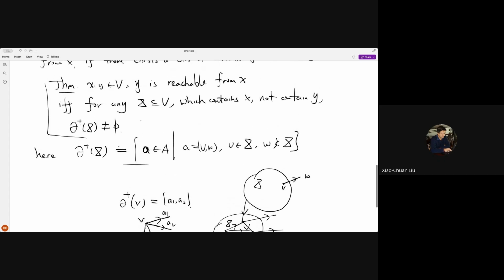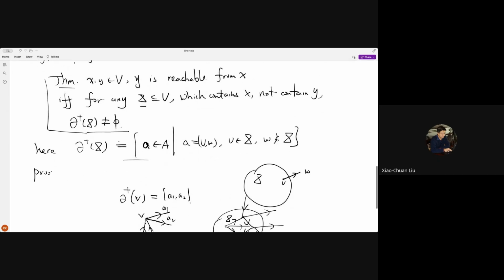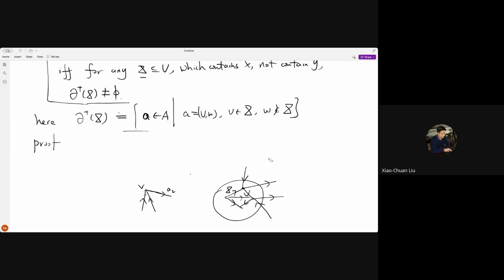So for all subsets which contain X but do not contain Y, you can always find a way to get out of it. Okay, in words, that describes this condition. Okay, so the proof. This is an equivalence, a characterizing condition for vertex Y to be reachable from X.